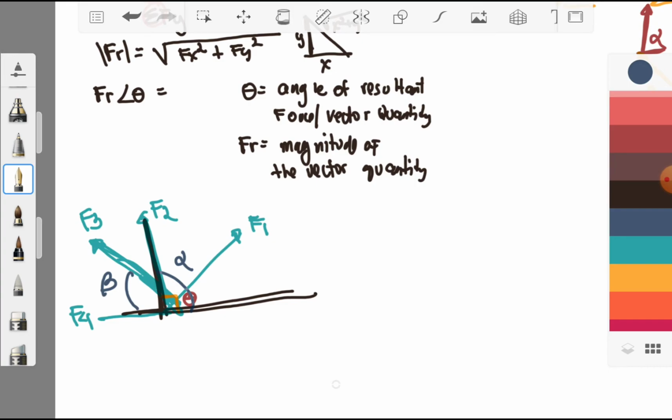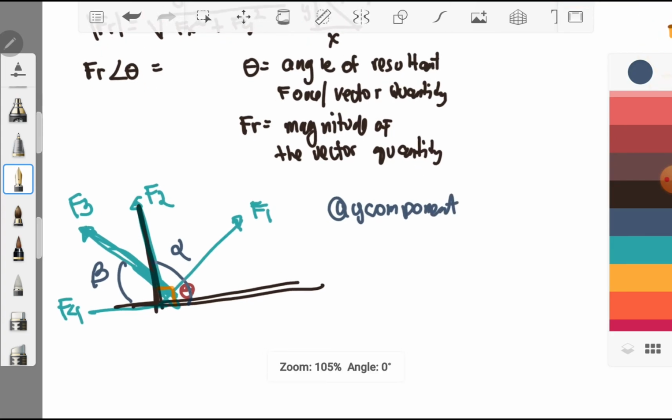In performing your component method, it is also important for you to know the direction of your arrow. At the y component, all forces going up are positive and all forces going down are negative.